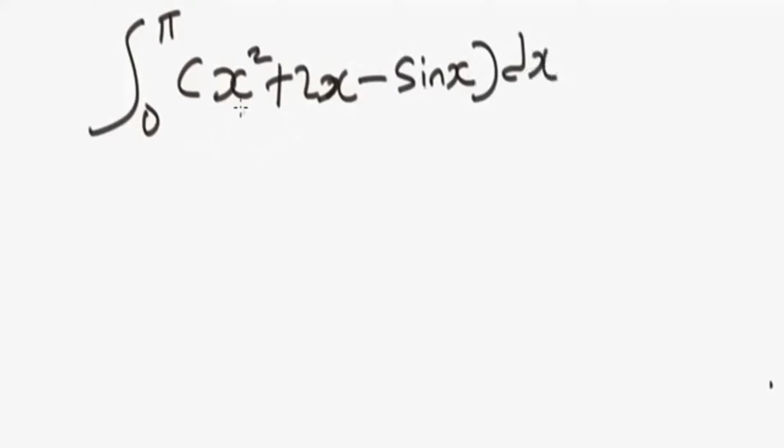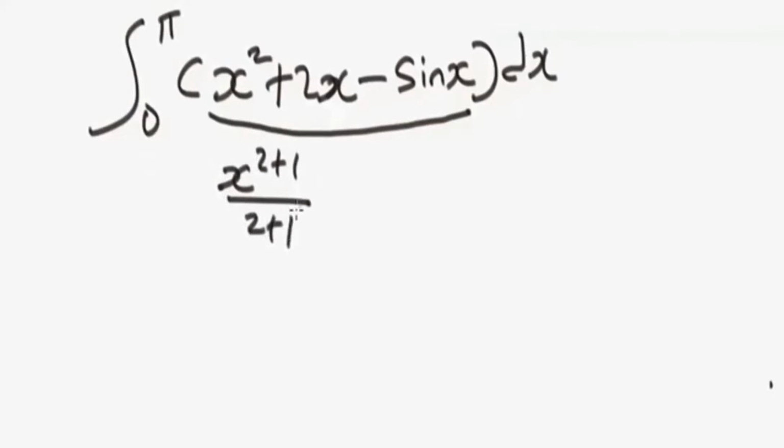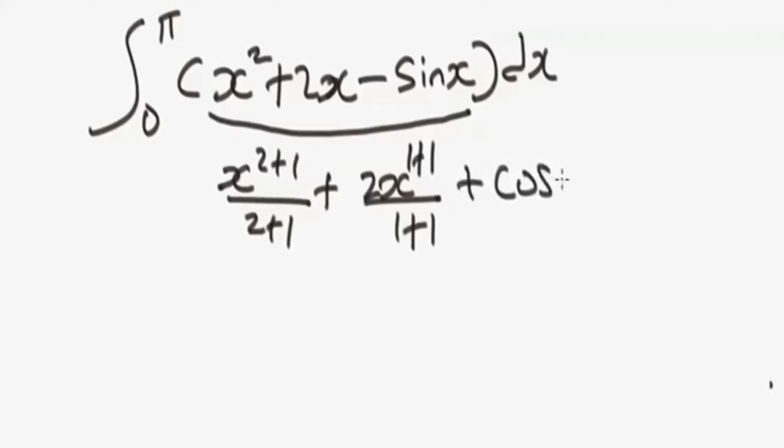The first thing you have to do is to find the indefinite integral of these terms. When you integrate x squared, you're going to have x to the power 2 plus 1 over 2 plus 1, plus 2x, where the power of x here is 1, so x to the power 1 plus 1 over 1 plus 1. When you integrate minus sine x, you're going to have plus cos x.